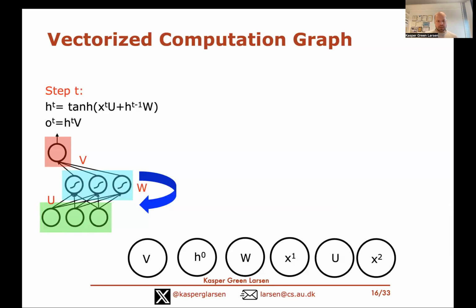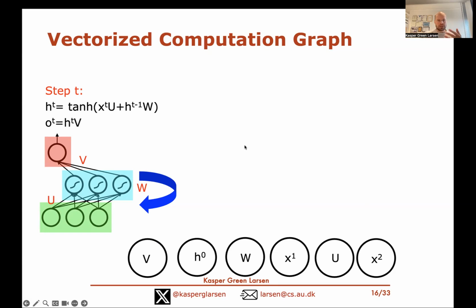Recall that these computation graphs have an input for each of the variables that occur in the computation, and these variables may be both vectors and matrices. So in general, the inputs are the V, U, and W matrices, the feature vectors x1, x2, and so on, and also the special h0, which is the initial dummy initialization, if you will, of the hidden layers.